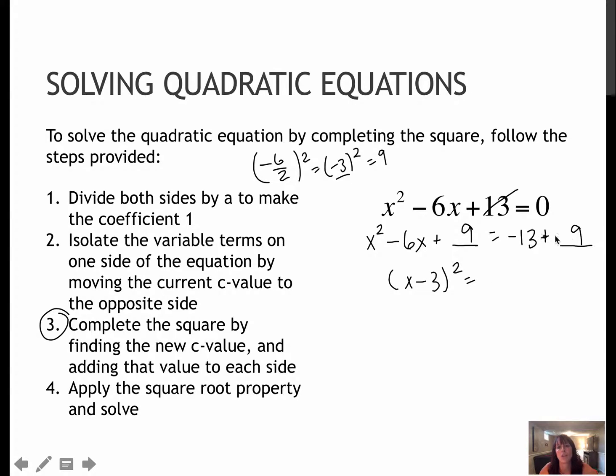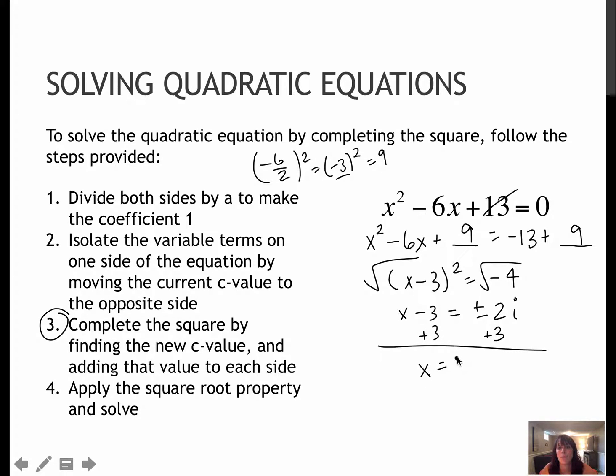And then of course negative 13 plus 9 is negative 4. And I'm going to use the square root property to find that x minus 3 equals plus or minus 2i. And then of course add 3 to each side, which gives me 3 plus or minus 2i, which of course is 3 plus 2i and 3 minus 2i.